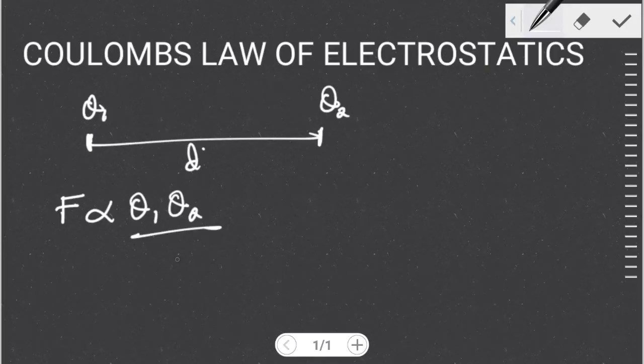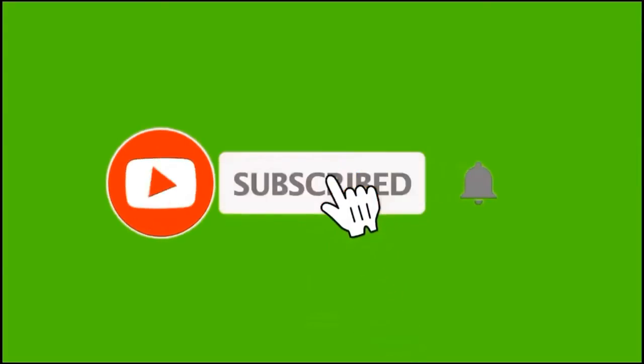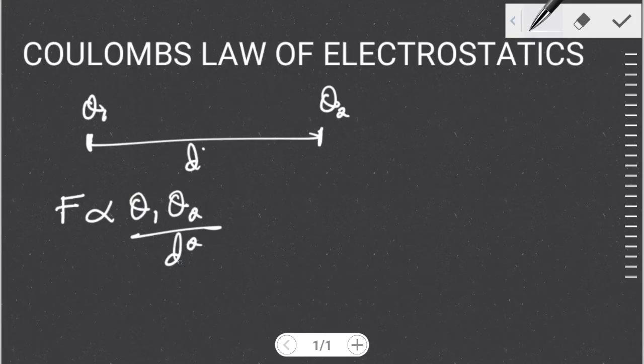So Coulomb's law itself states that the force between two point charges is directly proportional to the product of the magnitude of the charges and inversely proportional to the square of the distance of separation of these two charges.